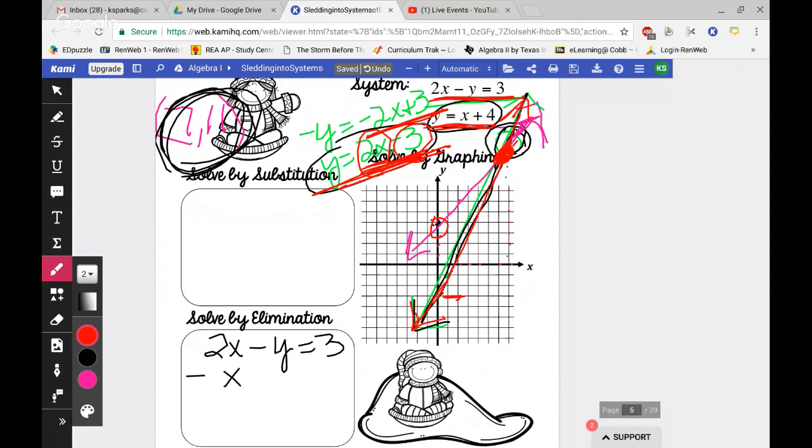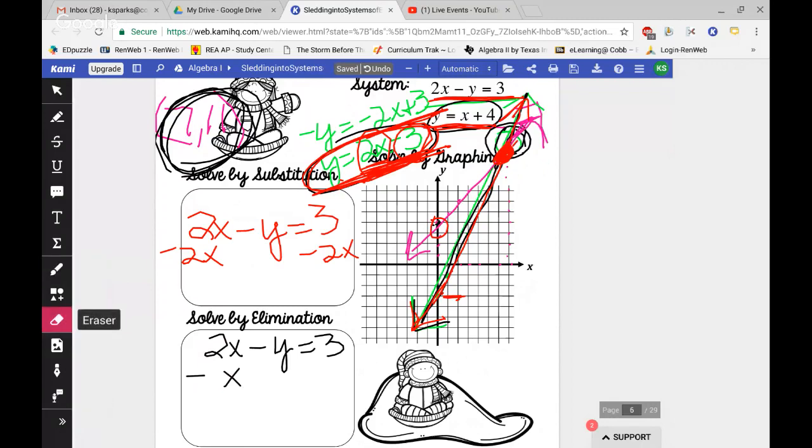Okay, well, you put that in slope intercept form, which is this one right here. This is that same line in slope intercept form. Remember back when we were graphing at the first part of the chapter, you have to put it in slope intercept form, right? Remember that? Yes, ma'am. Right? So you would subtract 2x from both sides. That eliminates that.